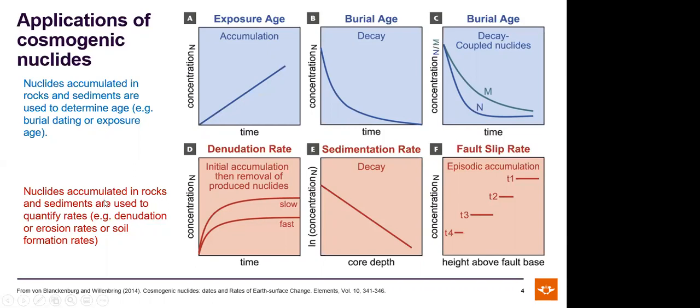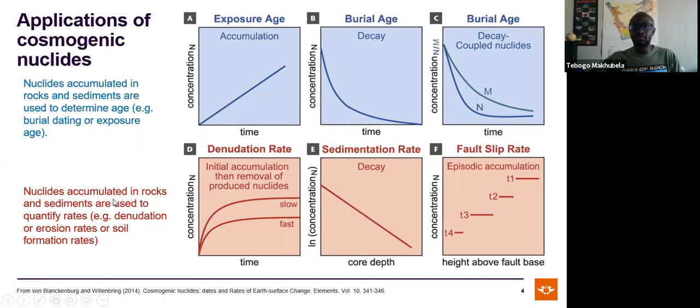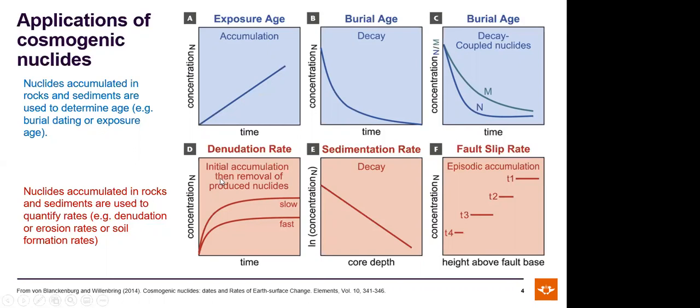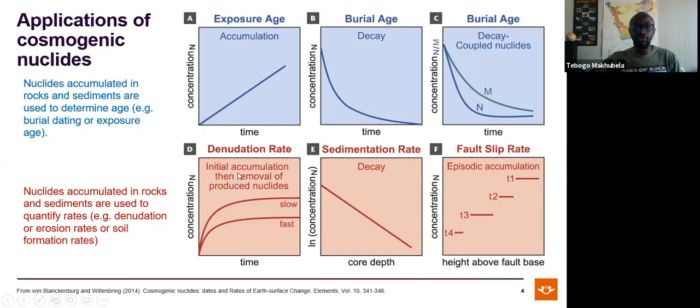However, we can also use the nuclides accumulated on surfaces, rocks, minerals on surface to determine the denudation rate. This is the erosion rate, or the sedimentation rate, or the fault slip rate, and there are many other applications. In this talk, as you will notice, I'm going to focus mainly on the denudation rate because I want to focus on the landscape evolution of Southern Africa from a cosmogenic nuclide perspective.